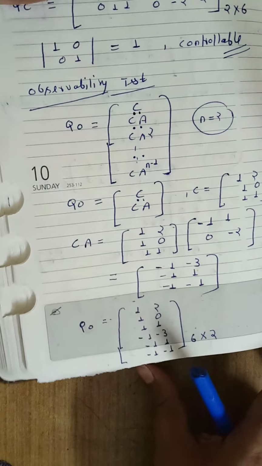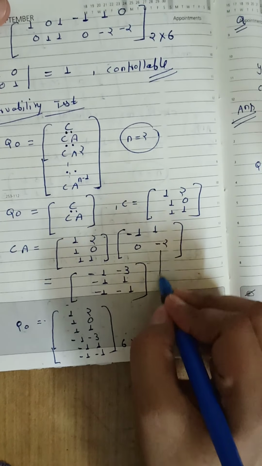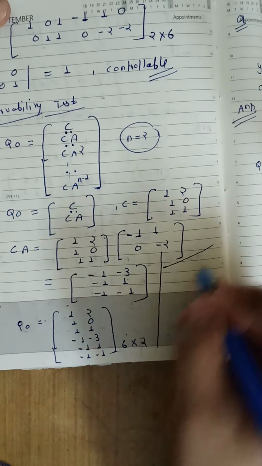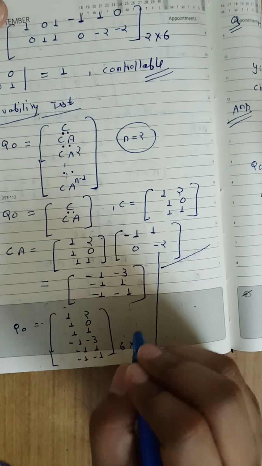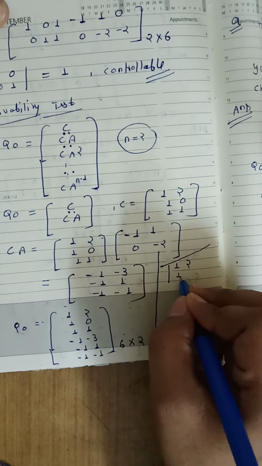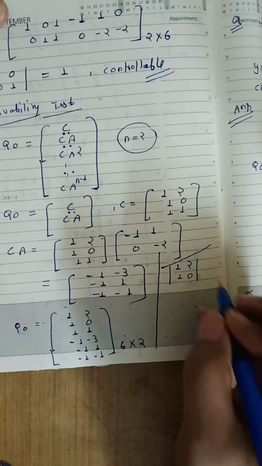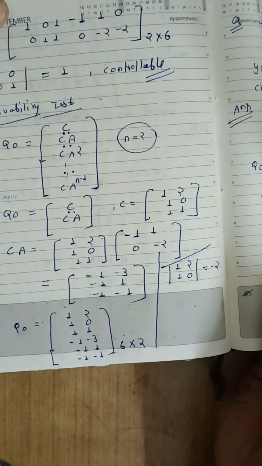Let us define a 2 cross 2 submatrix and calculate the determinant of the first submatrix. Suppose [1, 2; 1, 0]. So here we have determinant -2.